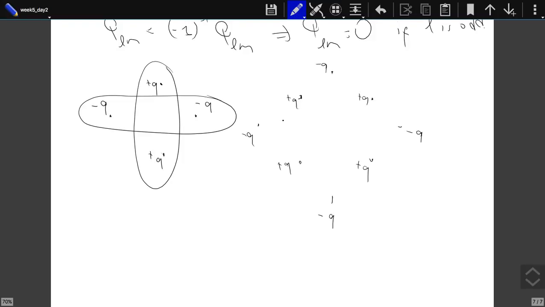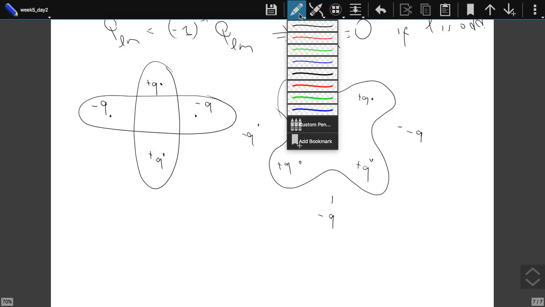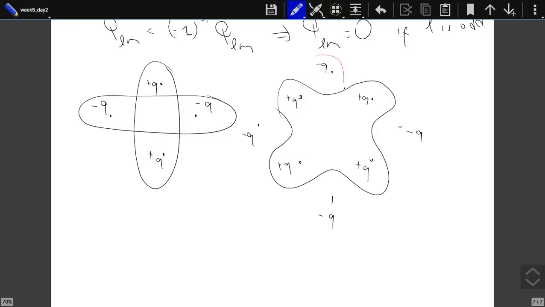Let's say the positive charges are deformed along these axes, and the negative charges are deformed on some other axis. So they measure how the charge distribution deviates from a perfect sphere.